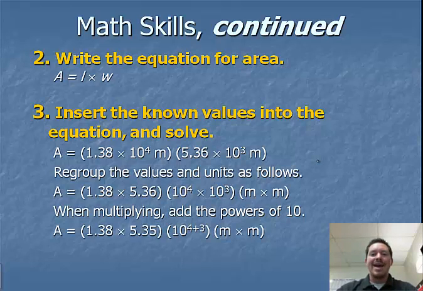So you're going to add those powers of 10. So multiply and add, we end up with 7.3968 times 10 to the 7th meters squared. And then sometimes we could round, so we could round to 7.40 times 10 to the 7th meters squared.